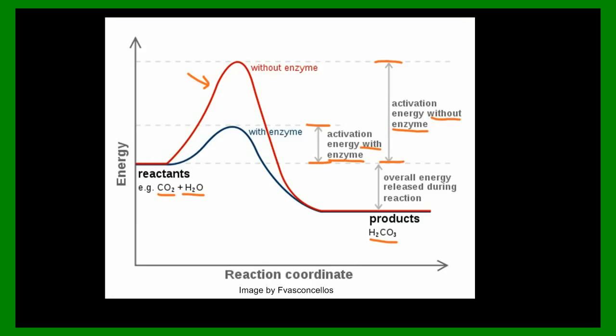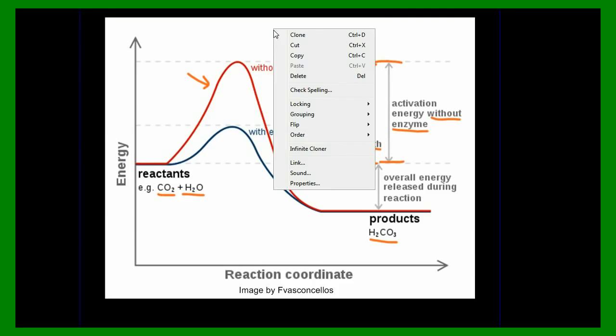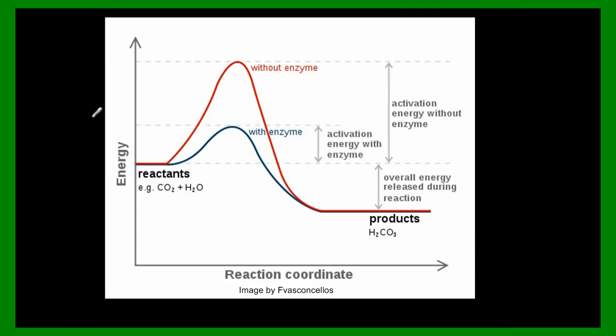Which amount is lower? Stop your video if you need to and think about it for a moment. The activation energy with the enzyme is actually smaller. There's less energy from here to here than there is from here to here. I'm going to clear the ink because I'm getting a little ahead of myself here.